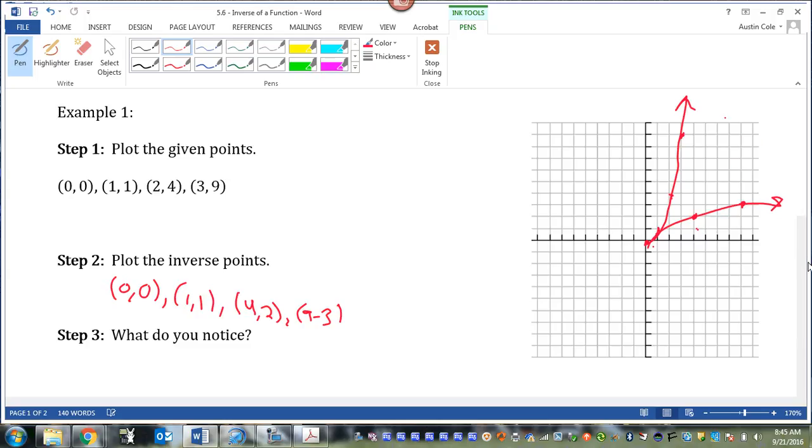The parabola. What's this one? What parent function? Square root. How do you undo a square? If you have 36, how do you get 6? Square root it. If you have 6, how do you get 36? Square it. So those would be inverse functions.